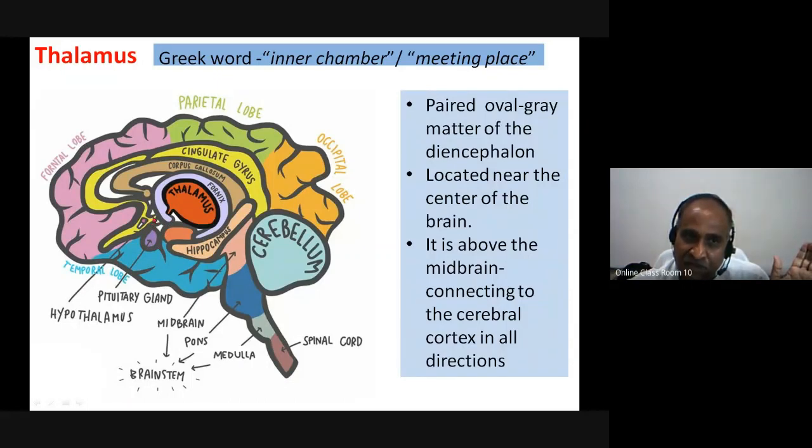Anyway, this thalamus, being a diencephalic structure, is above the midbrain and just underneath the telencephalon or the forebrain. This thalamus is centered in such a way that it is freely available to communicate with the entire cortex.